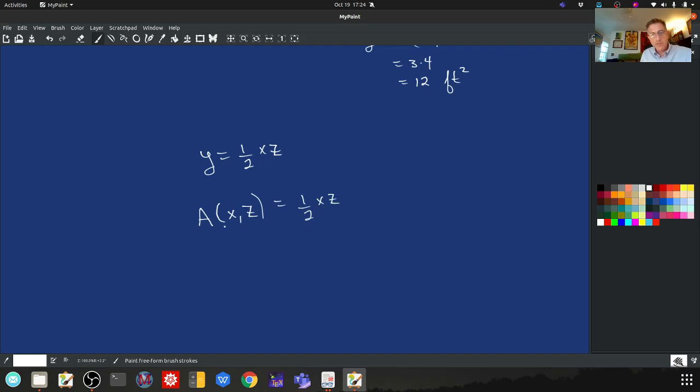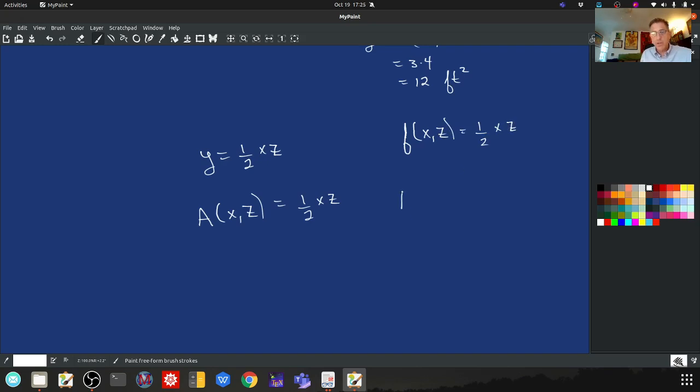So this shows you we can easily extend our function notation. In this case, I have 2 independent variables, x and z, and they are my inputs, and my output is the area. Or if you want to use the regular function notation, f of x, z is equal to 1/2 x times z.